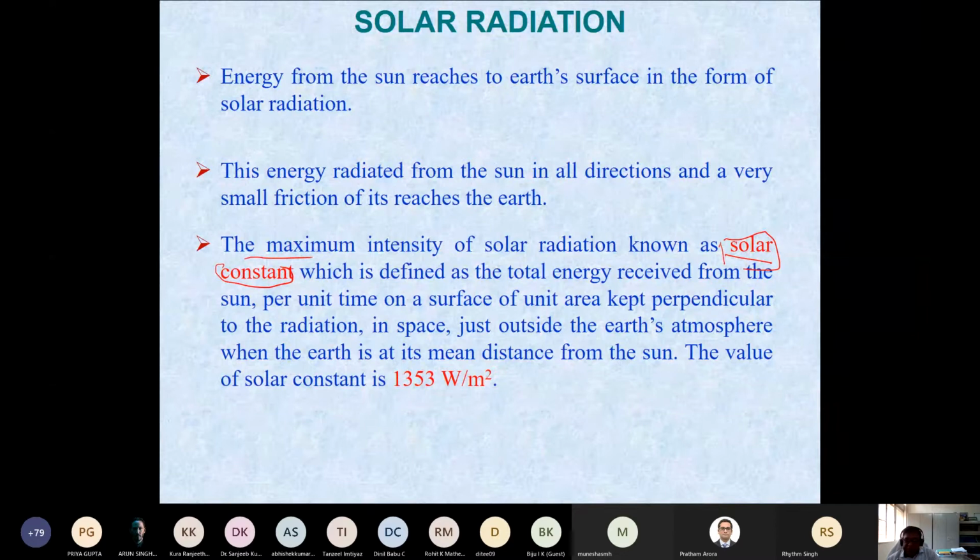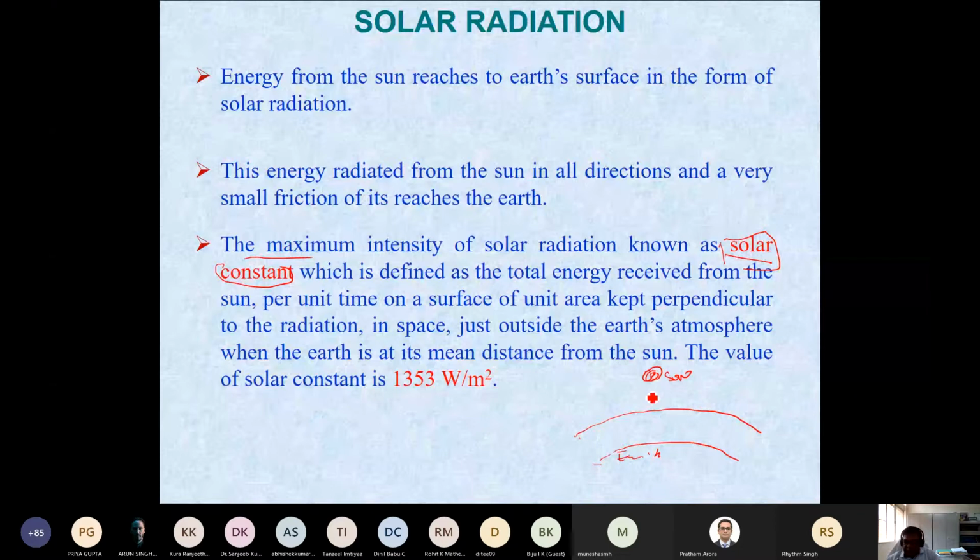This solar constant is nothing but, the definition is already there, but to make you understand, suppose this is the sun, and around it is the Earth's surface, and around this there is an atmosphere.